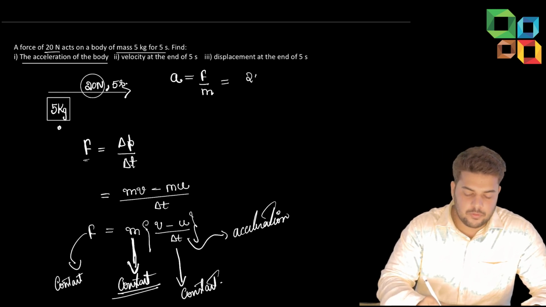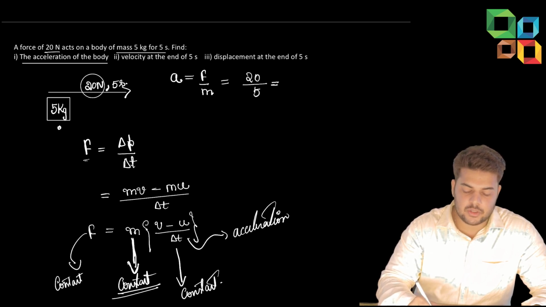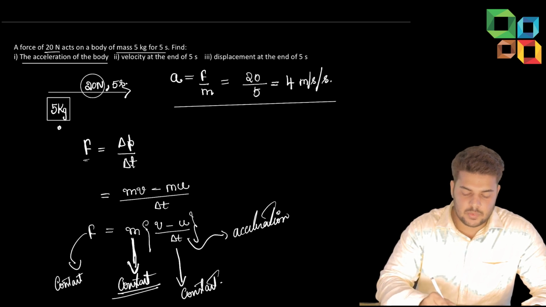So it is 20 divided by the mass of the object, which is 5 kgs. So the acceleration, which is a constant value, comes out to be 4 meter per second per second.